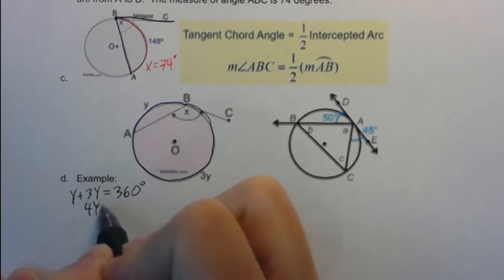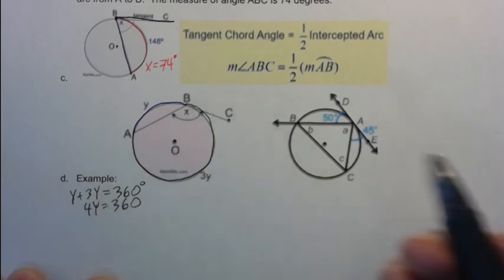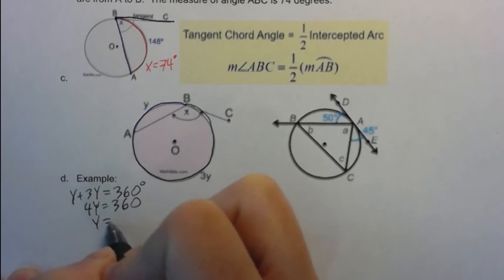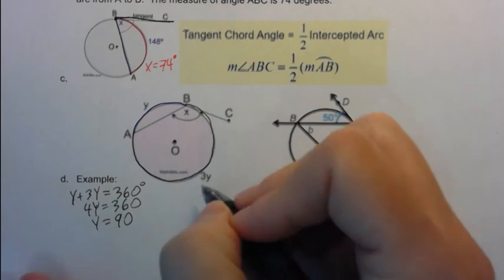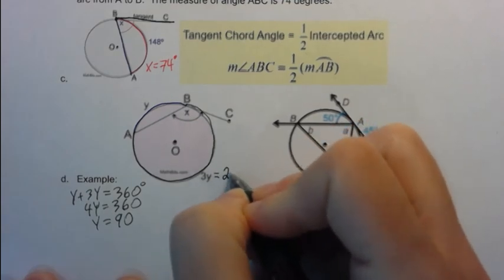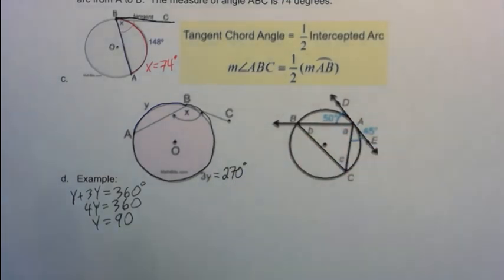So 4y equals 360, and y would be 90. So that shorter part of the arc is 90, making the longer part 3y equal to 270 degrees.